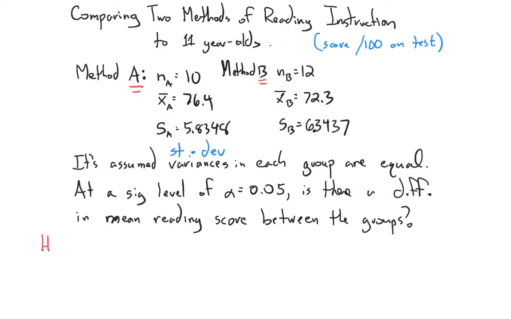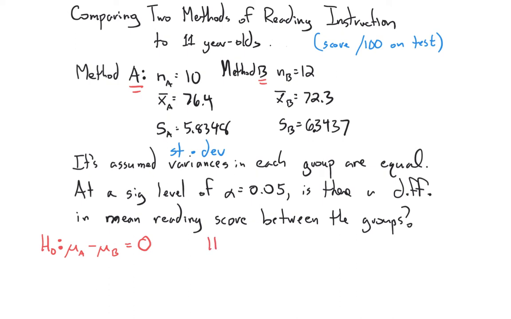So our null hypothesis is that there's no difference in reading scores. That's what we're going to assume: that if we subtract the means of A and B, we get 0. That's because we need evidence to show that there is a difference, so we assume there's no difference until we have evidence otherwise.